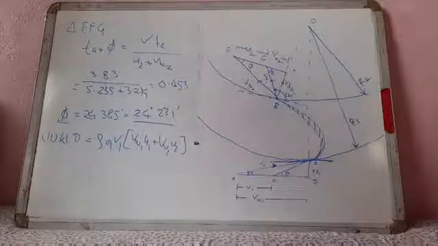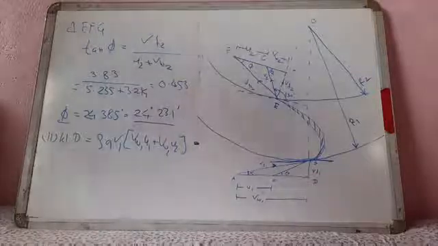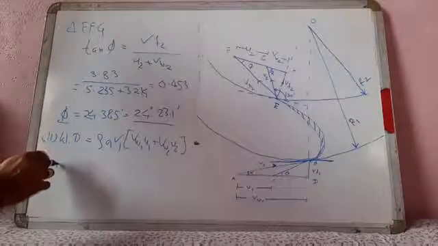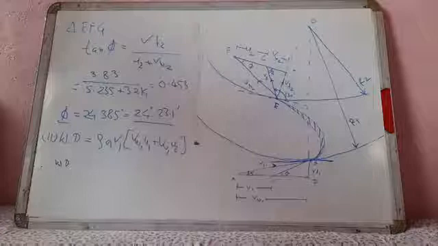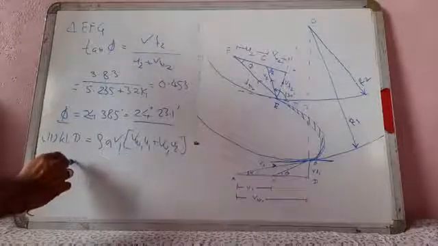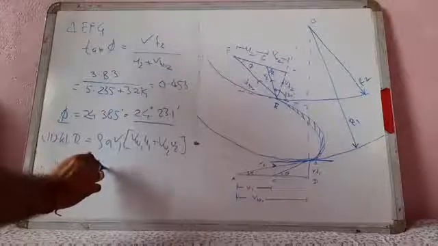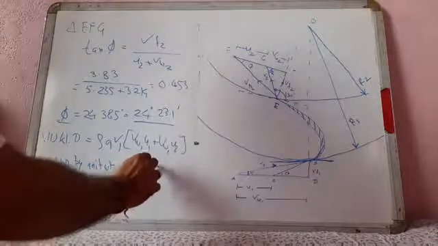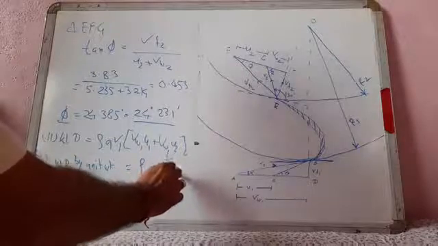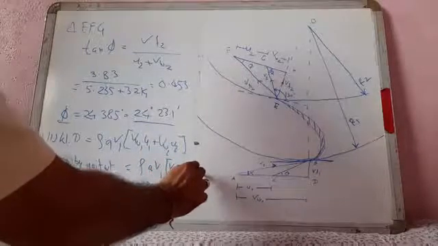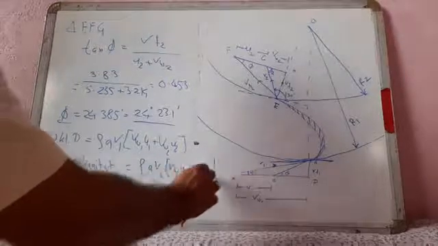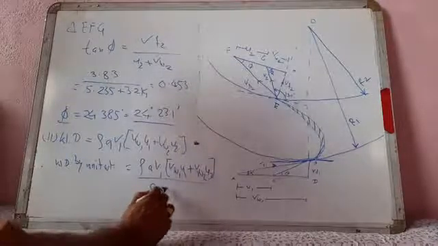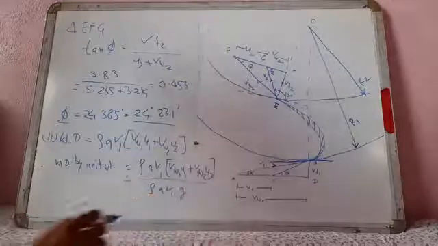So the work done per second per unit weight of water striking per second is equal to rho A V1 into VW1 U1 plus VW2 U2, divided by the weight of water per second, which is rho A V1 into g.